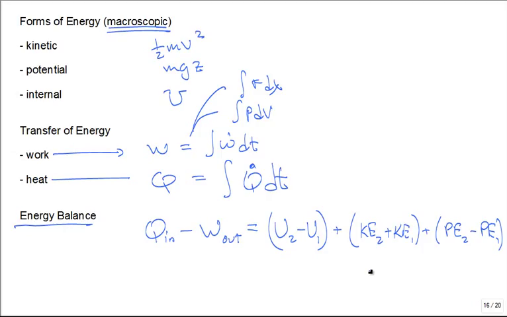The energy has to balance. And so here is our first law of thermodynamics.